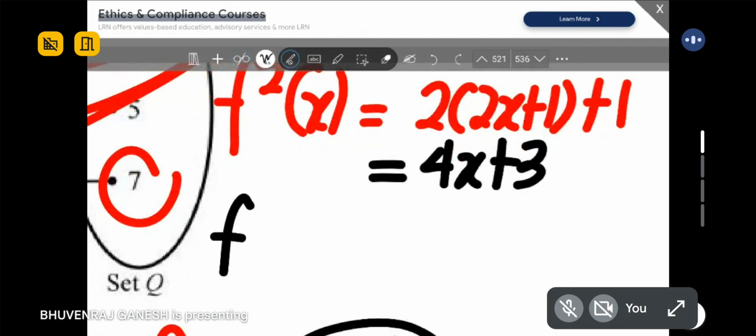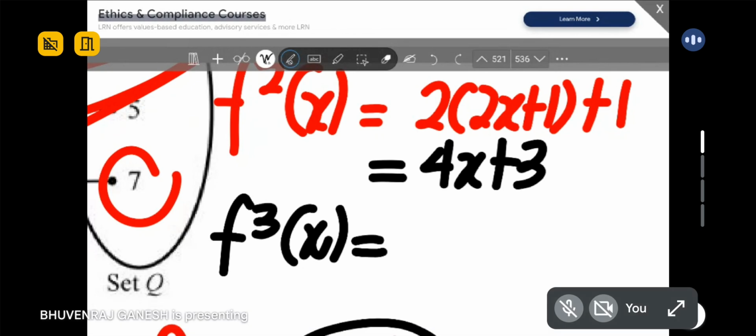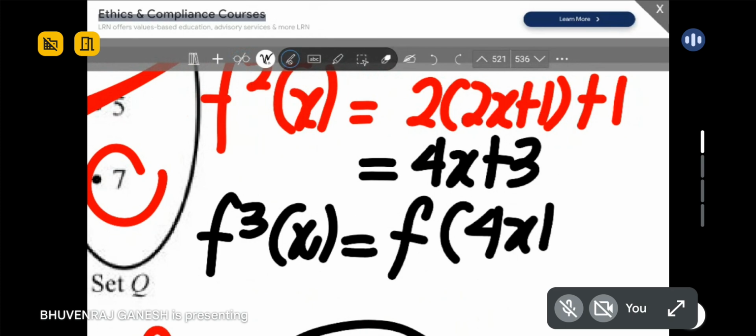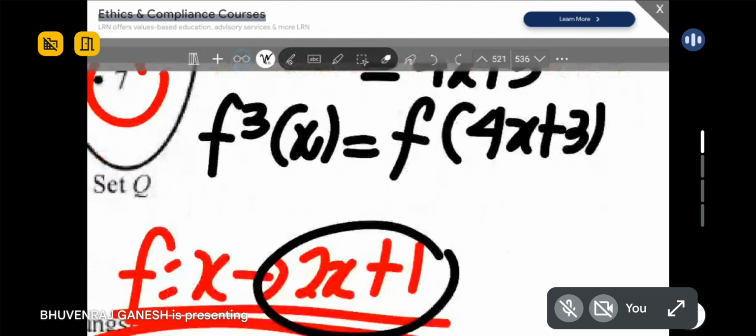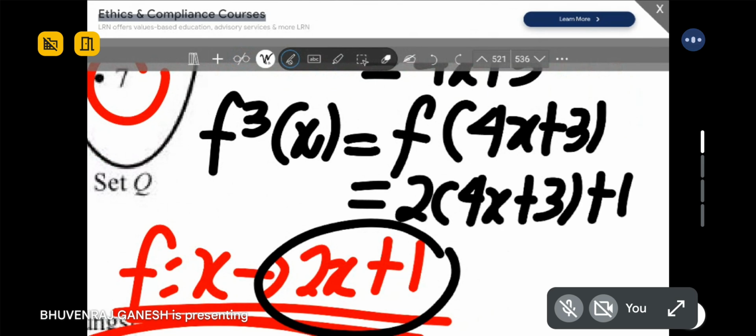And then you also find f3x because we want to see the pattern now, pola. Okay, so it's f times f square. So f square is 4x plus 3. So this one you substitute in your x, gantikan. So you get like this, plus 1. So your answer is 8x plus 7.